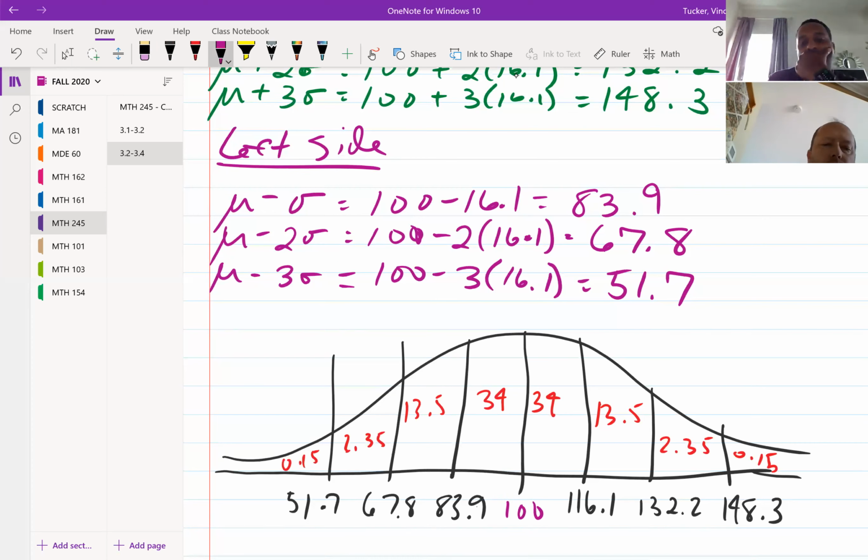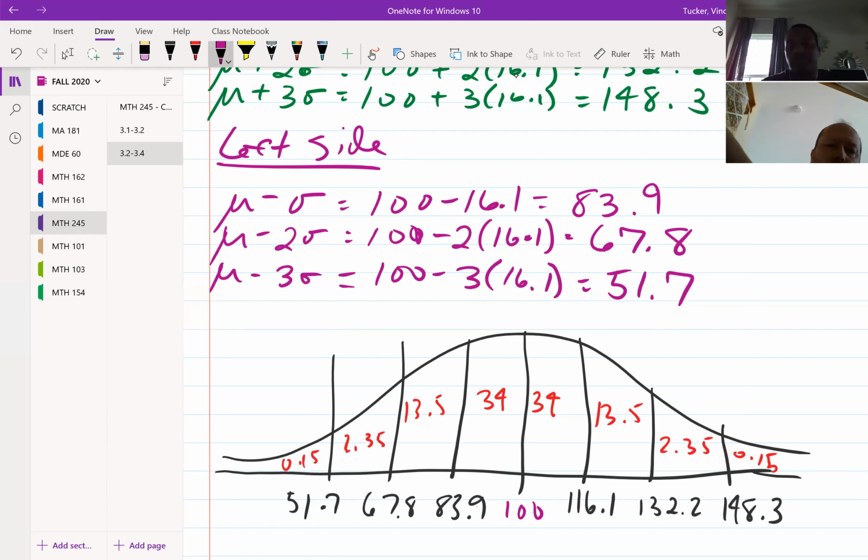Questions on anything so far? With the way it's set up, you can lean on your empirical rule as far as those three statements that were given, or you can look at these percentages.